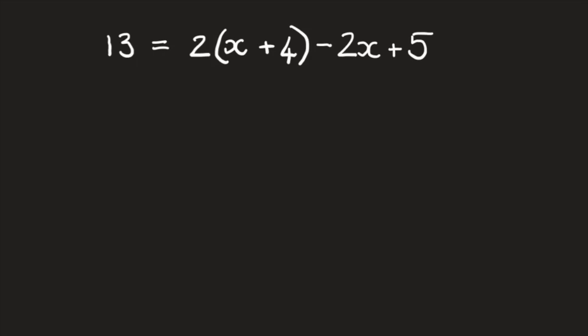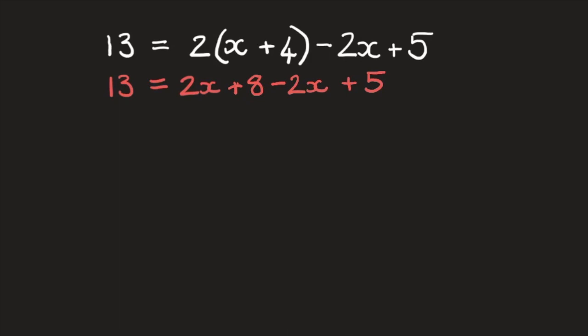And let's start by multiplying out the brackets. So 13 is equal to, and we're going to do 2 times x, which is 2x, and 2 times 4, which is 8. Then we've got minus 2x, and we've got 5.